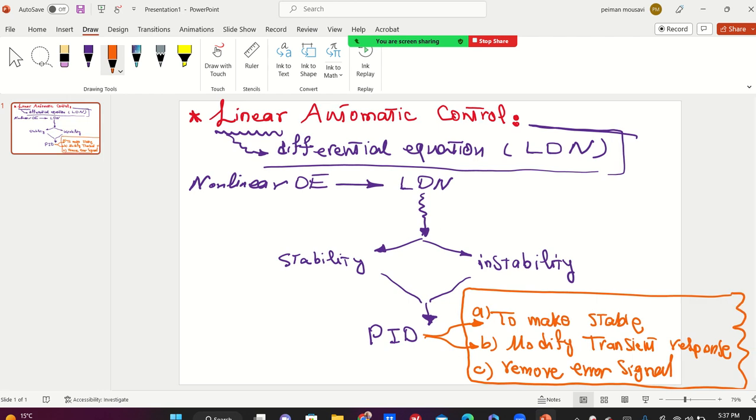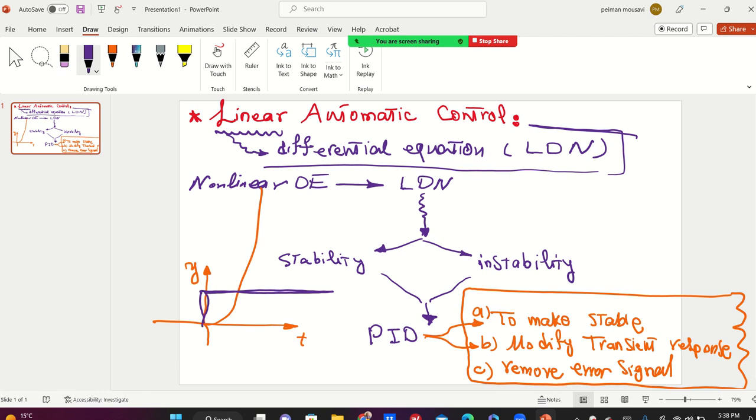Clear? For part A, if I want to give you an example, suppose your system output y versus time is like this. But you want the system to follow a step function.